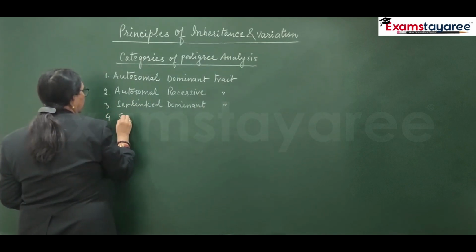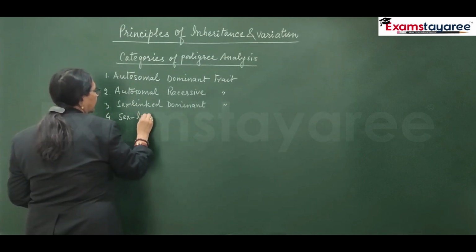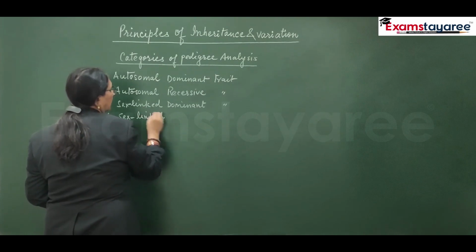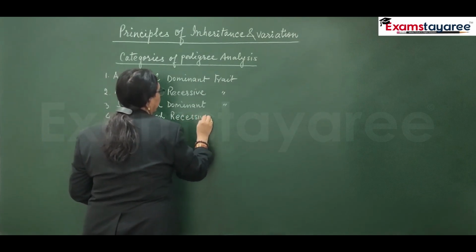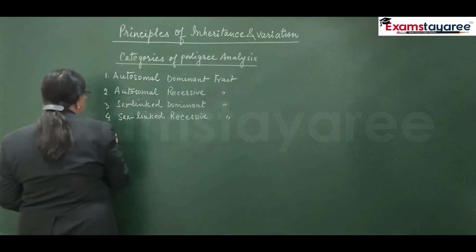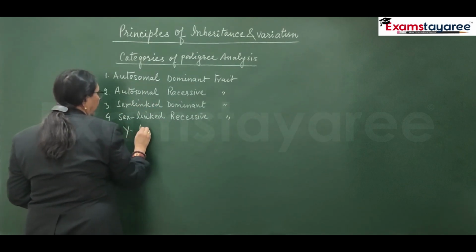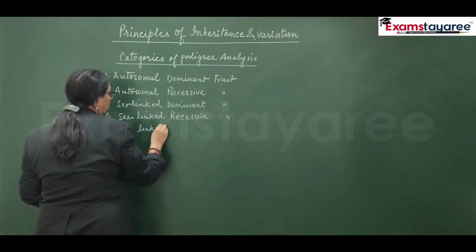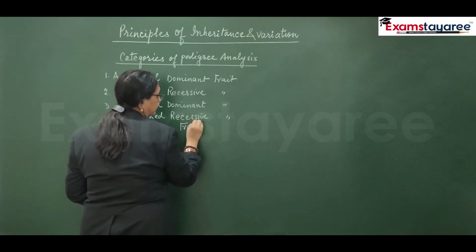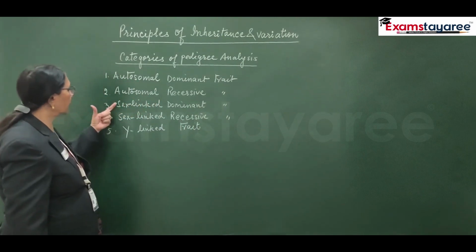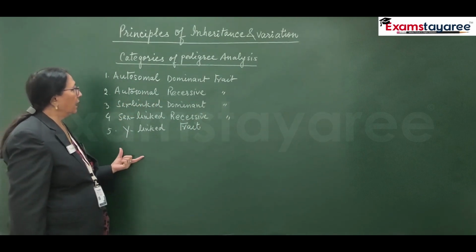Then sex-linked recessive trait, and then Y-linked trait. So these are the 5 categories.